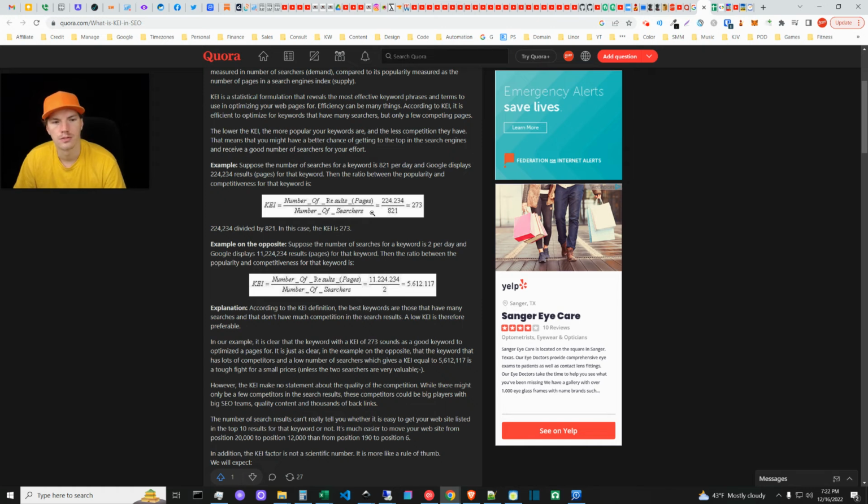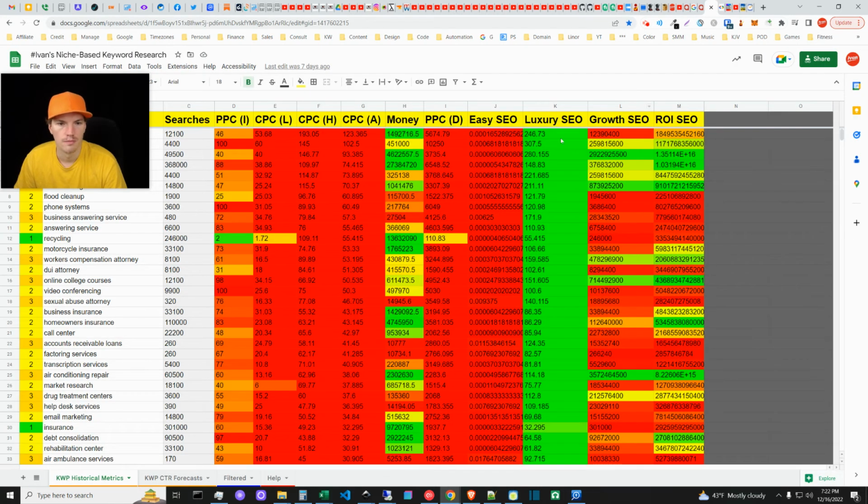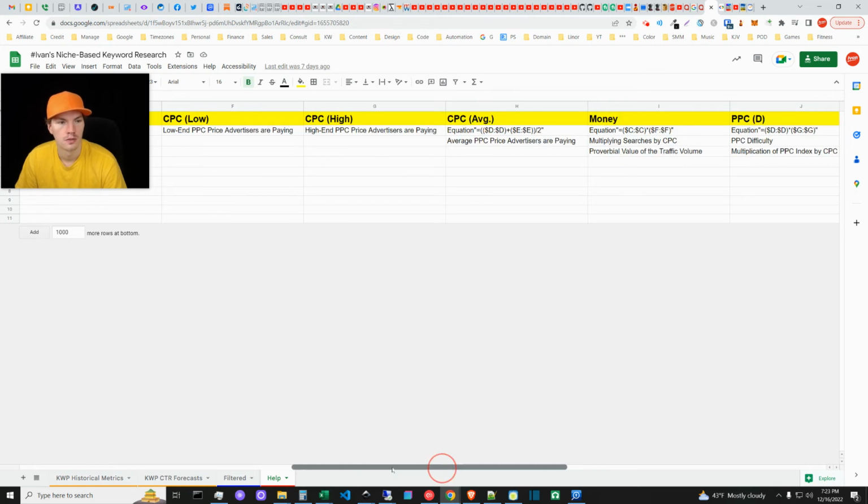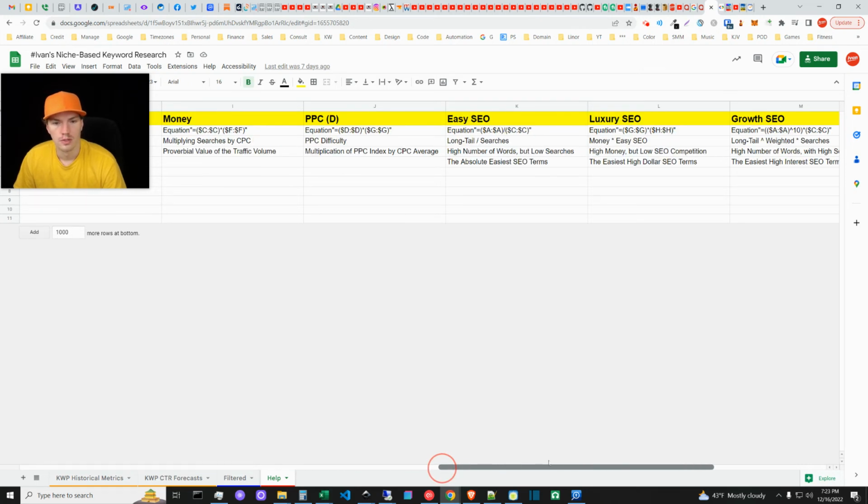And then they would insert that into a sheet and put it on a scale of 1 to 100. To give you an example, I've shown you guys this a number of times, my niche-based keyword research. If you go to the help section, a lot of these equations are based off of search volume and CPC.